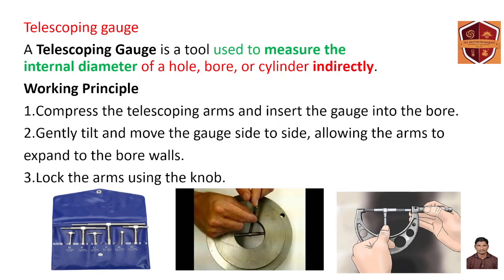Second one, telescopic gauge. See, this is the telescopic gauge in different sizes. By using this telescopic gauge, you can easily find out the internal diameter of the hole. For example, you can easily find out the piston cylinder bore. So you can fix this place.